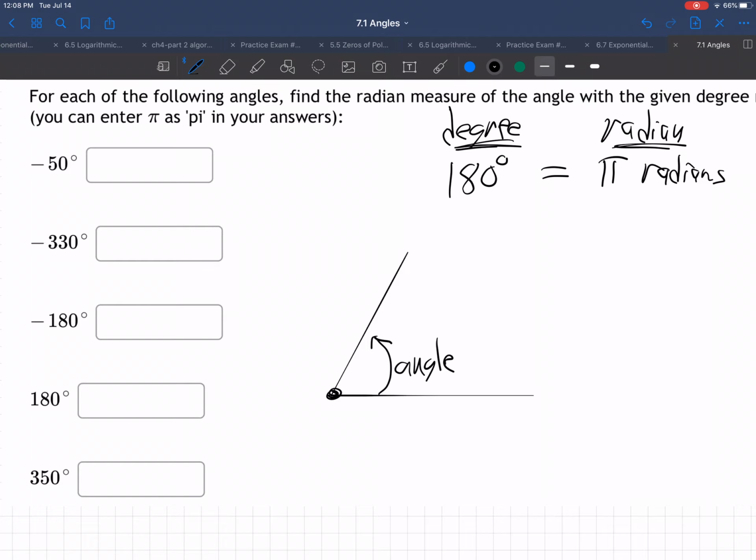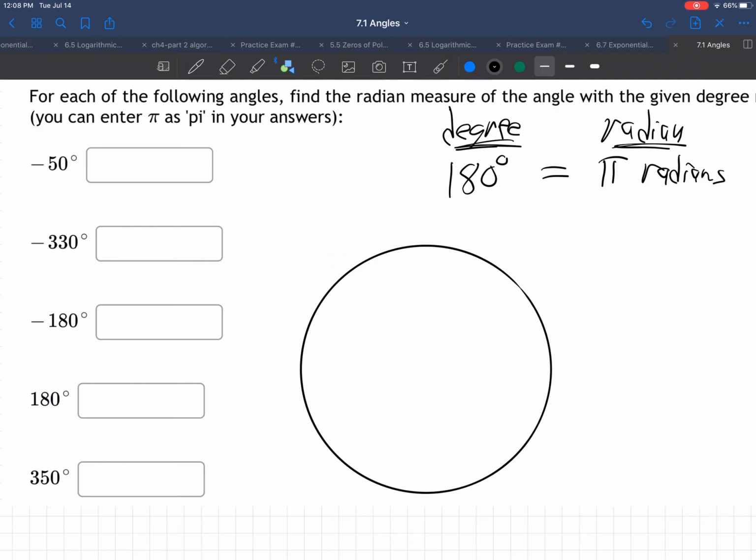Let me erase this, and if I drew a circle here, let me try to draw a unit circle. Okay, so a little unit circle.